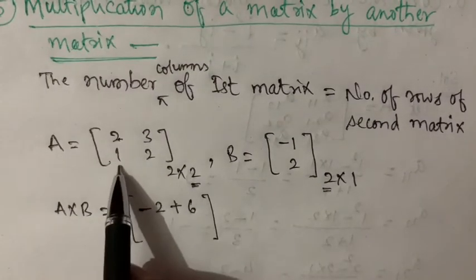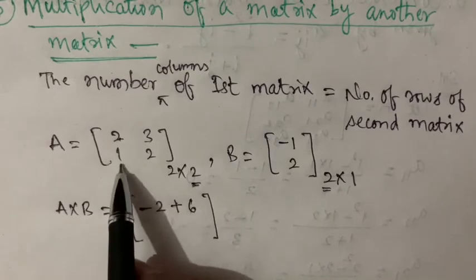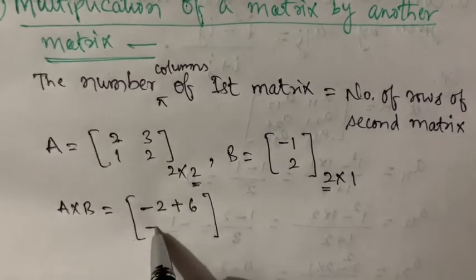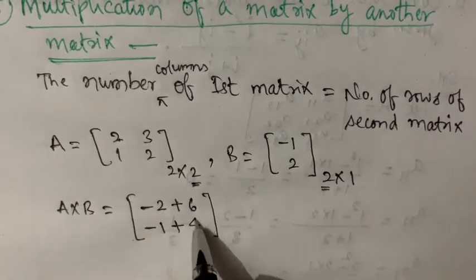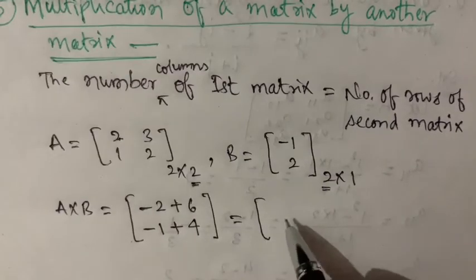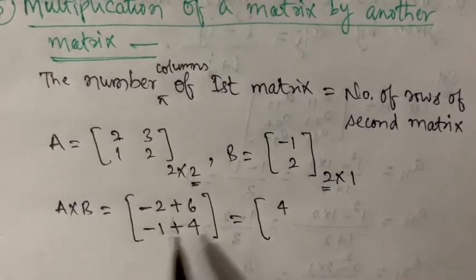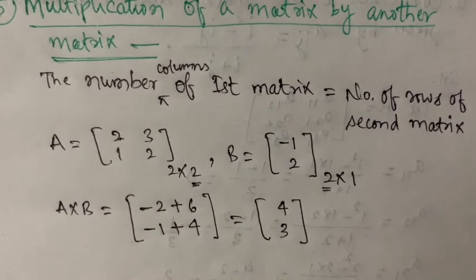Now we will move to the second row. It is 1, 2. Now 1 will get multiplied with -1 to give us -1, plus 2 multiplied with 2 to give us 4. And it will be -2 plus 6, which is 4, and the second entry will be 3. So the answer is this one.